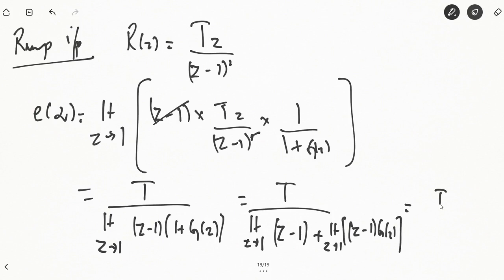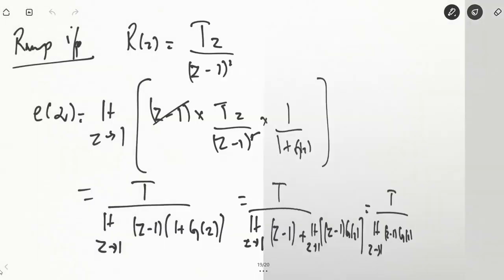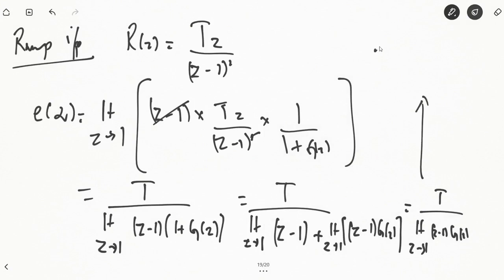Which implies T divided by, when you substitute z here it becomes 0, so you are left with (z minus 1) G(z). So that's actually T divided by Kv. Fine. So मैं यहीं पे लिख देता हूँ, E of infinity is equal to T divided by Kv, where Kv is limit z tends to 1 (z minus 1) G(z).